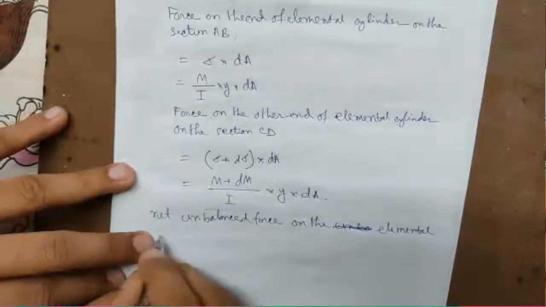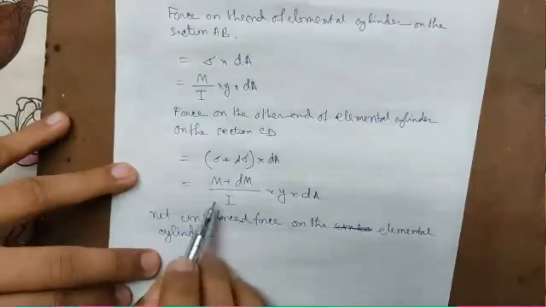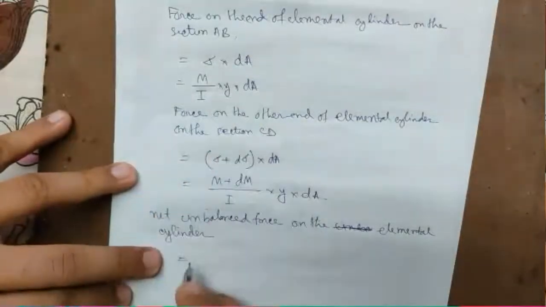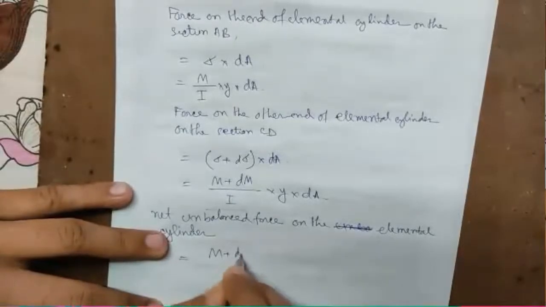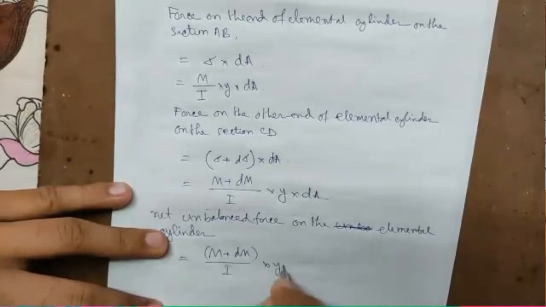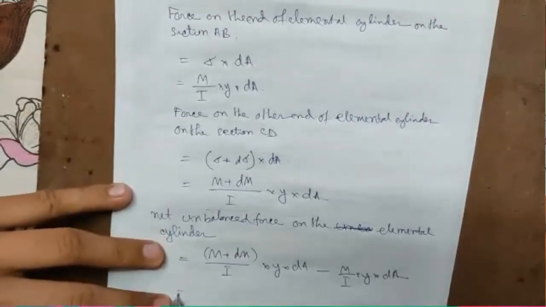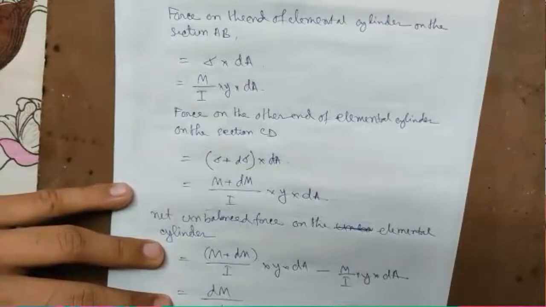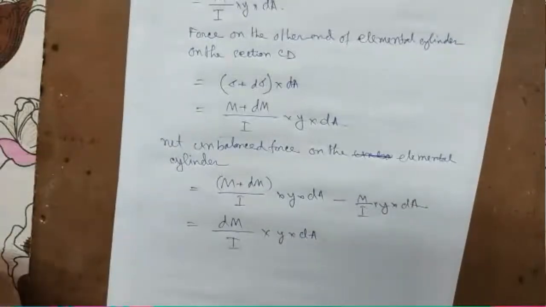One end is this, the other end is this, so the difference between them will be the unbalanced force: M plus dM by I into y into dA minus M by I into y into dA. From here we get dM by I into y into dA. That is the unbalanced force on the cylinder.